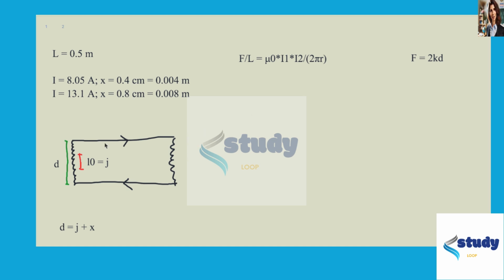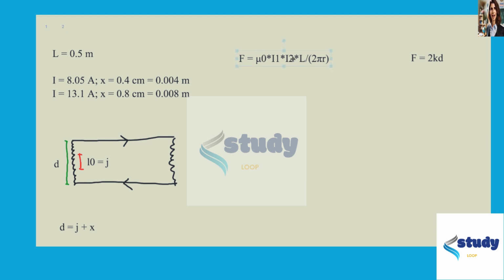So let's first take a look at the force between two wires. This is the general expression for the force per unit length of two wires with current I1 and I2. We want just the force, we don't want force per unit length, so let's start by multiplying by the length on both sides. That's just going to bring this over to the numerator here.